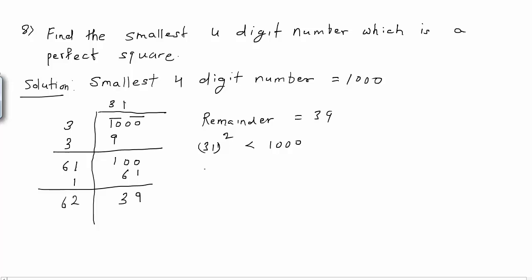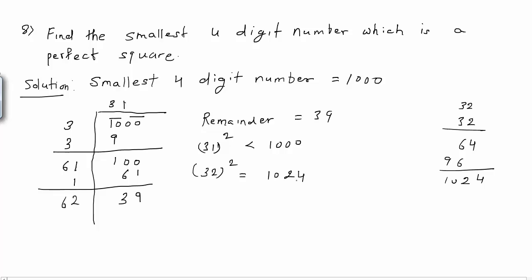So see what will be the square of the next number. So we find 32 square. 32 square is 32 multiplied by 32: 2 twos are 4, 2 threes are 6, 3 twos are 6, 3 threes are 9, 4, 2, 10, 102.